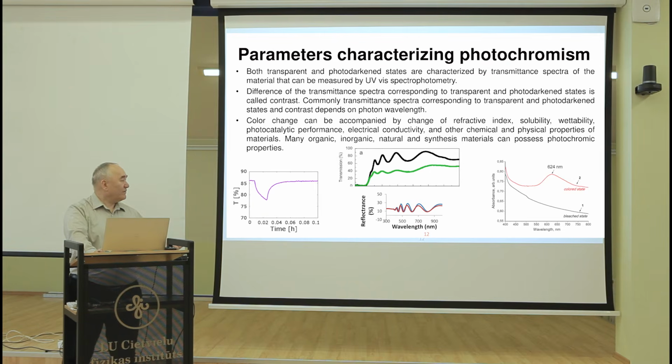And then bleaching time. This is another very important parameter. In the practical application of photochromic coatings, bleaching within just a few seconds is very important. It shouldn't be minutes, it should be seconds. So this is another requirement.